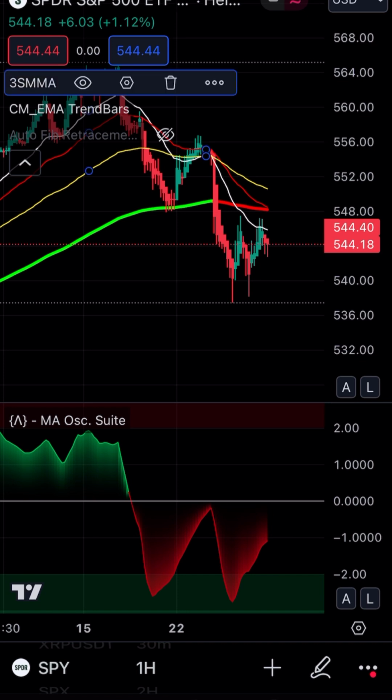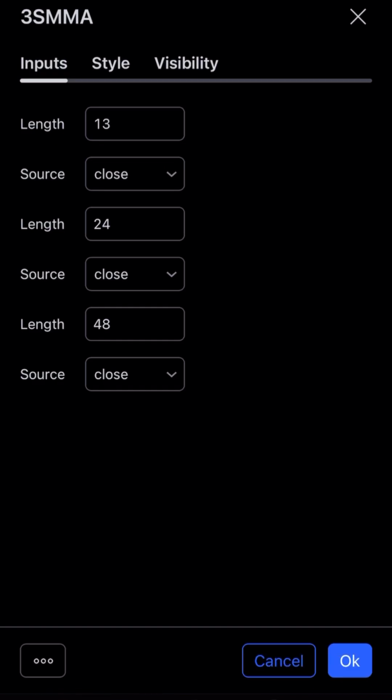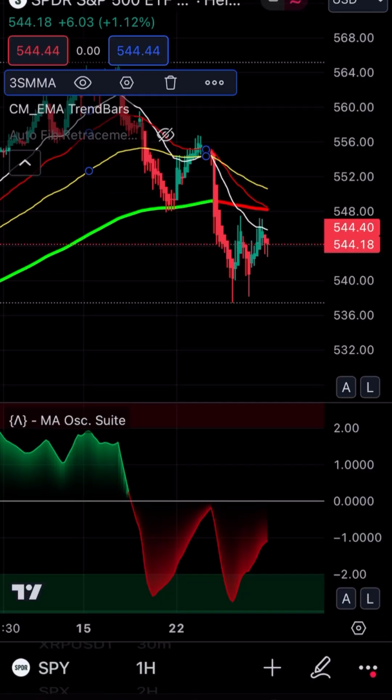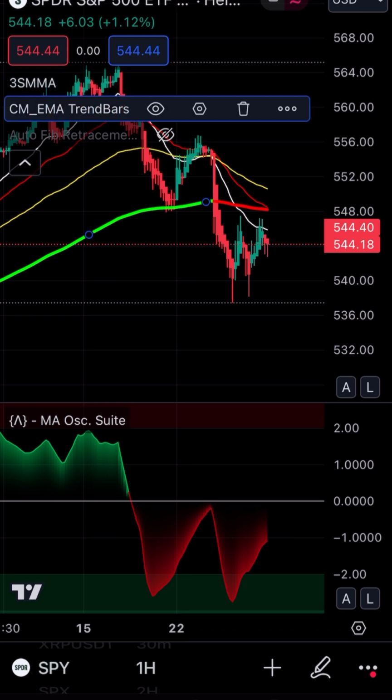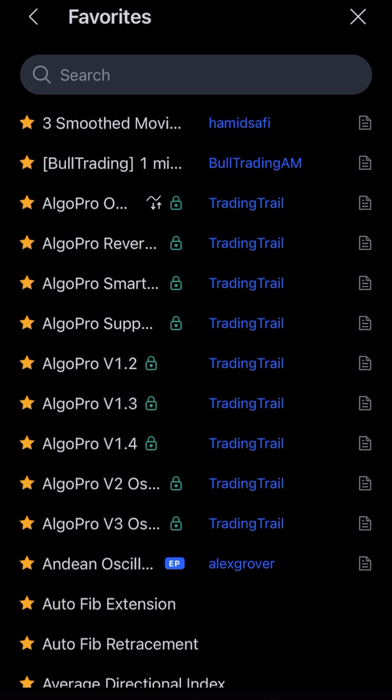So you've got the 13, the 24, and the 48, and make sure they're bright colors. The next thing we want is the CM EMA trend bars.